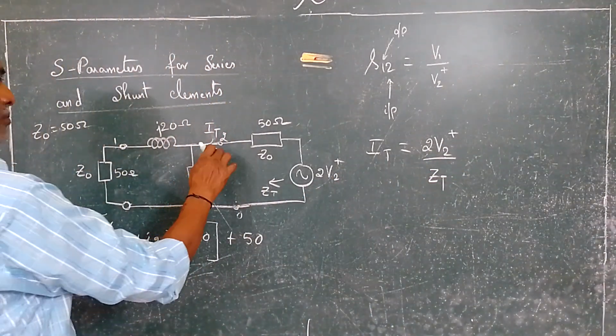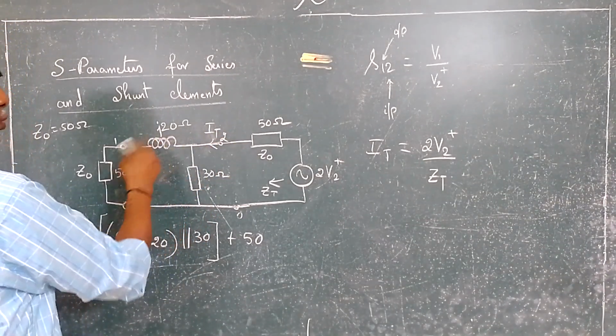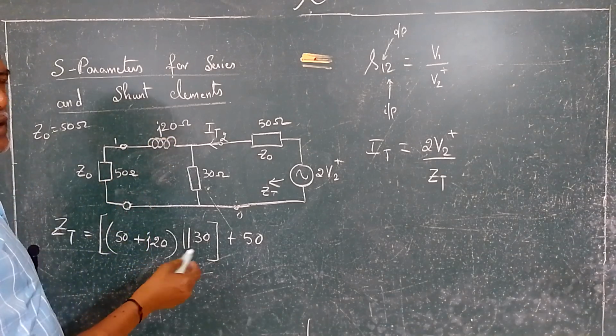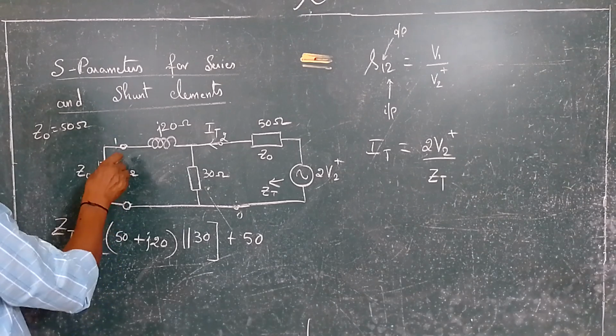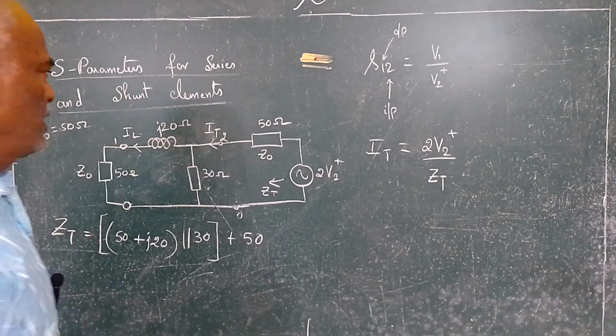Now this IT sees two impedances, one impedance here which is 50 plus J20, another impedance is 30 ohms. Now I want this current which is IL. How to find IL?